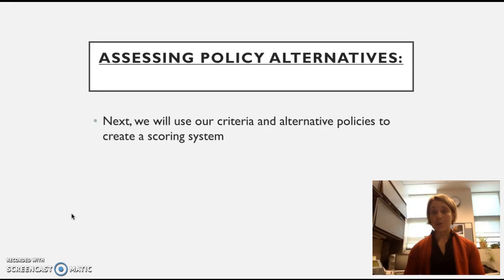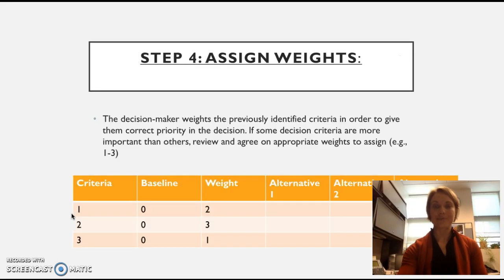So next, we're going to use the criteria and the alternative policies to create a scoring system. And this scoring system is what you're going to be using to write your midpoint paper here. You're going to assign weights to these different criteria and alternatives. So if we're looking at criteria 1, say it's sociocultural feasibility, maybe that's a weight of 2.